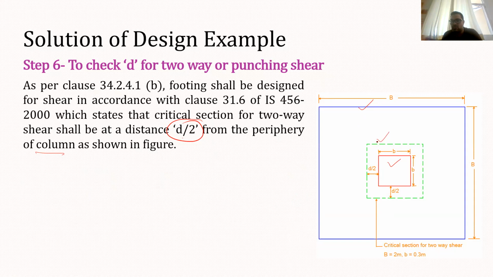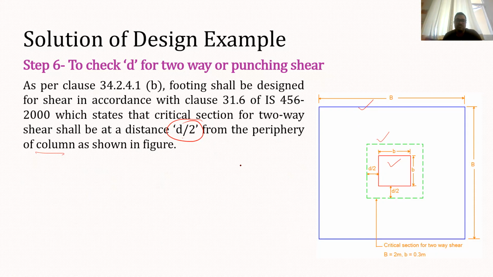So this green dotted line is actually showing the critical section of punching shear, which means punching can occur along this dotted line. So that is our critical section, and which means maximum shear force for punching phenomena will occur along this dotted line. So now we have to find out maximum shear force at this dotted line.